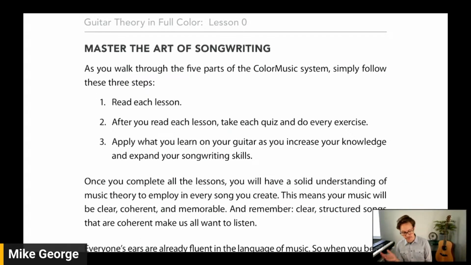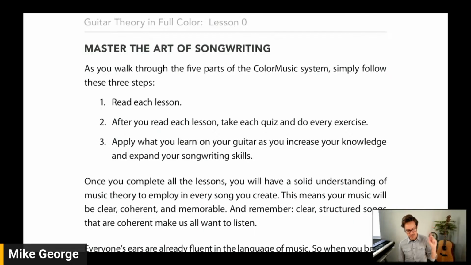As you walk through the 5 parts of the color music system, simply follow these 3 steps. 1, read each lesson. And just a sidebar on that, definitely read each lesson. Don't skip parts because, well, I'm kind of getting ahead. It's funny, I'm skipping ahead to something I'm going to say up ahead, but really don't skip parts because each lesson builds on the last.